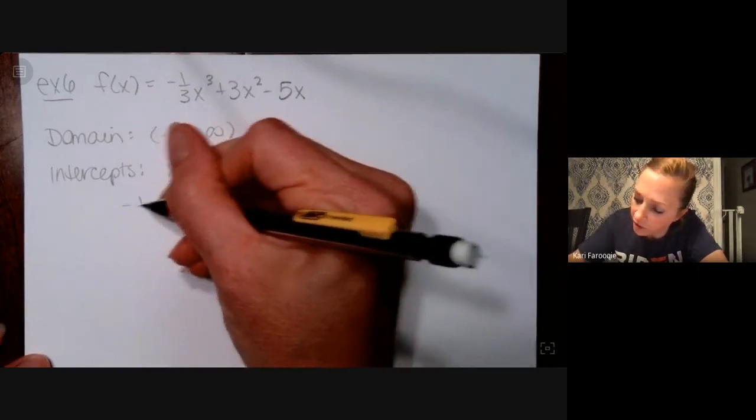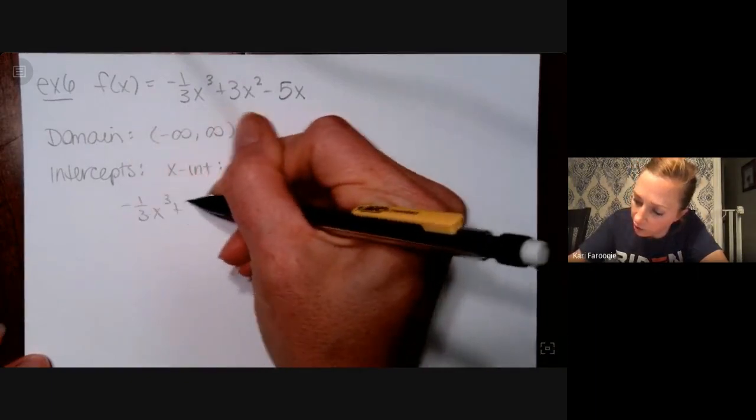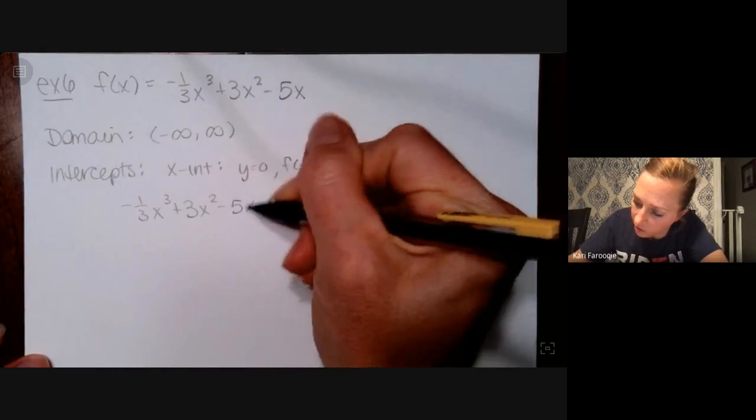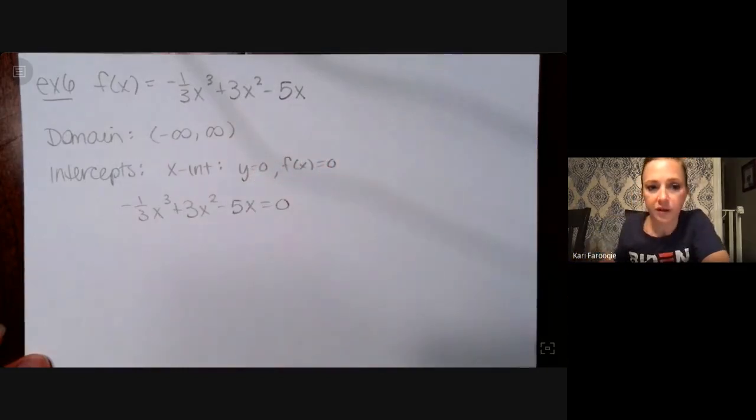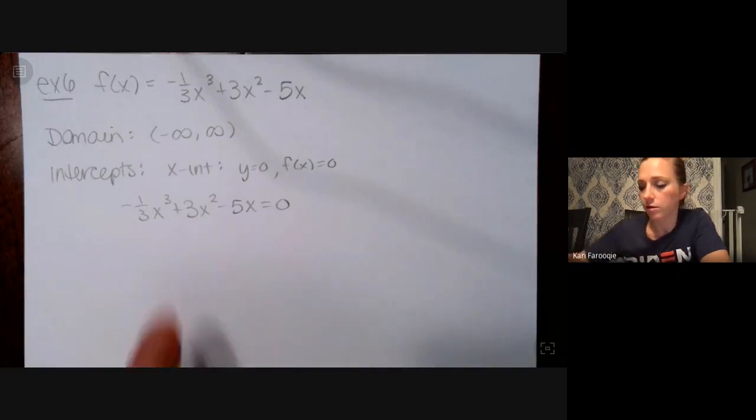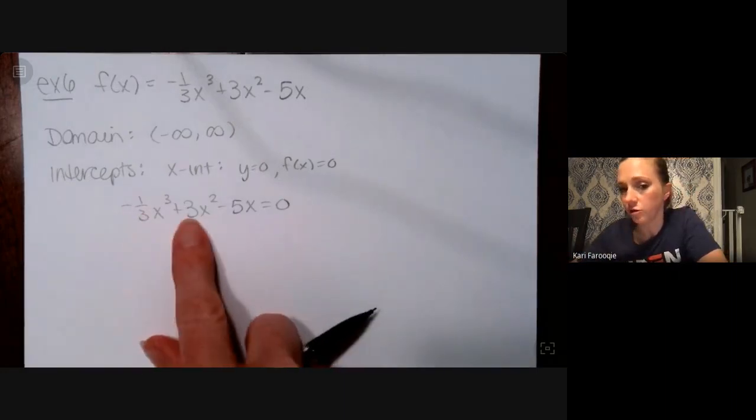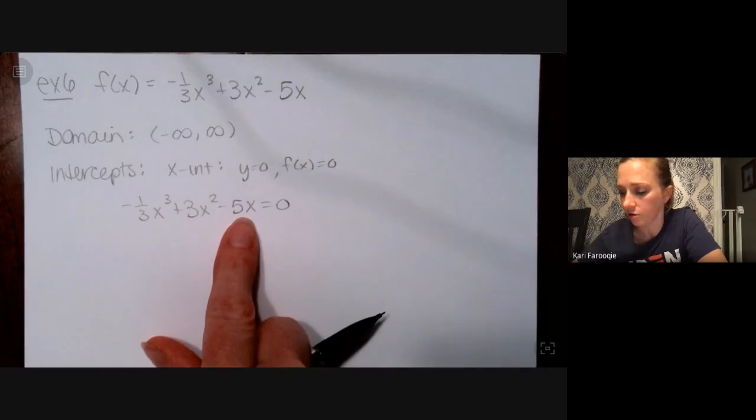That means we're solving the equation -1/3 x cubed plus 3x squared minus 5x equals 0. This is where you're going to have to do a little bit more algebra with these polynomials. You can factor out an x, that's no big deal, but you probably are going to want to get integer coefficients on this particular equation.